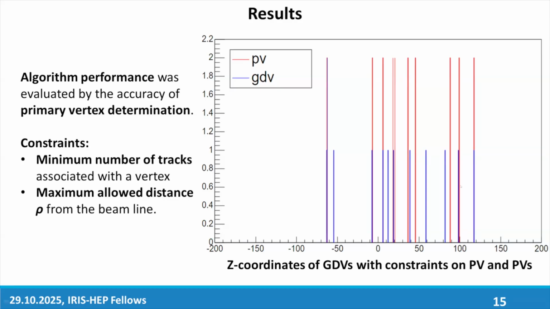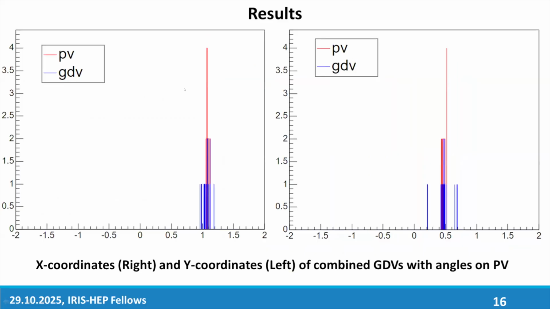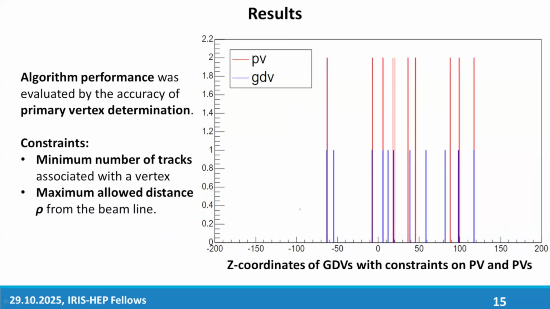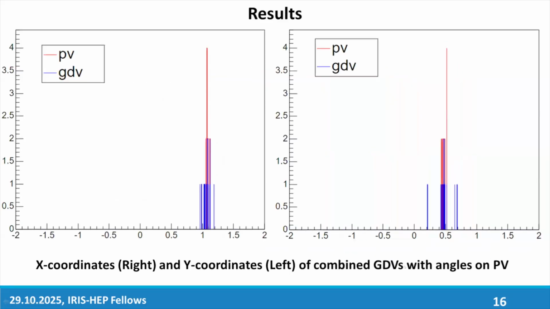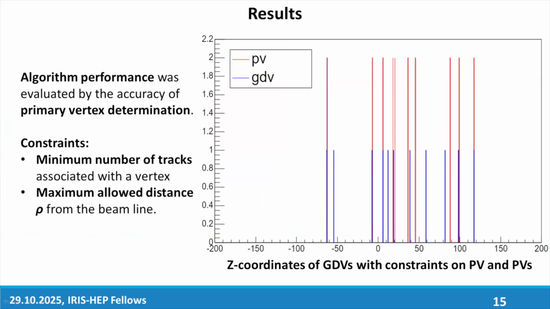So here you can see in blue the primary vertices found by the GDV finder, and in red the PV finder. We see that most of them are close enough to the actual ones, but there are still some shifted vertices. So we can calculate the distance between them. Also here is the same picture for x and y coordinates. They are not so close, so that's why I show only the z coordinate.